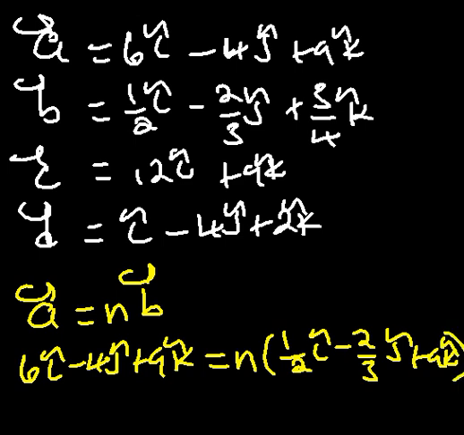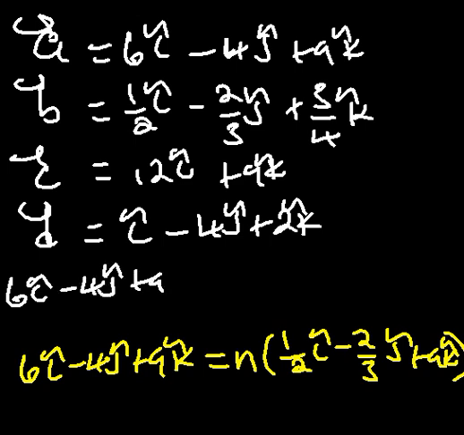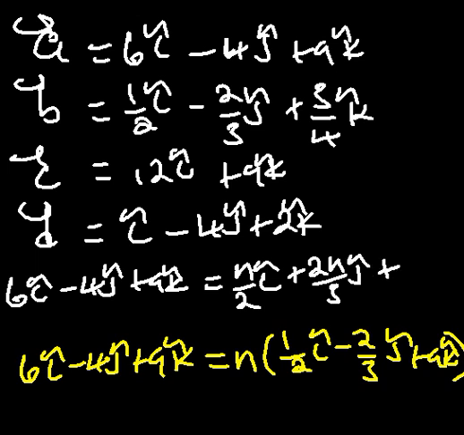So this n has to be distributed throughout. In this case we have 6i minus 4j plus 9k equal to n over 2 i, plus 2n over 3 j, and plus 9n k.